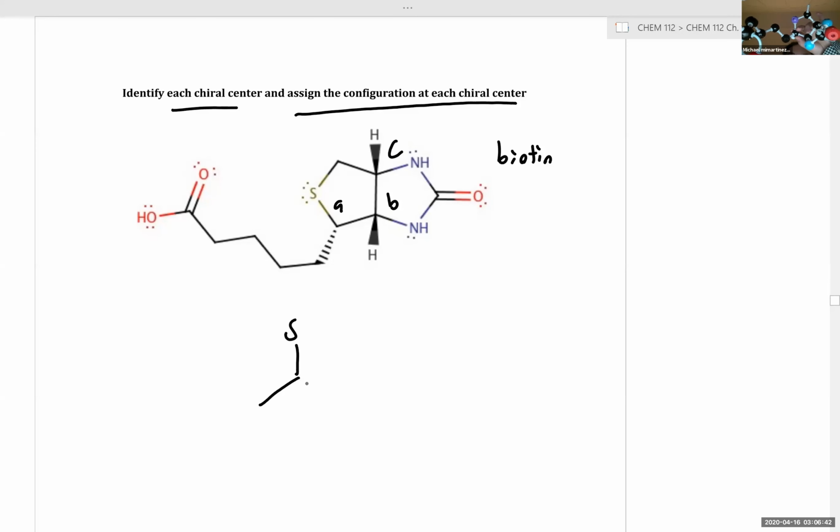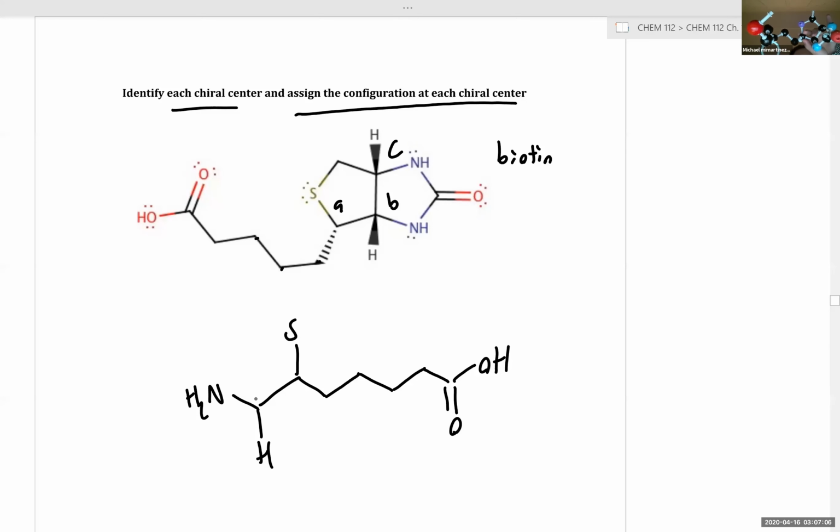So I have our sulfur on top, we have our long chain carboxylic acid on the right, and then on the left, we have the rest of our ring that I'm just going to write as R.